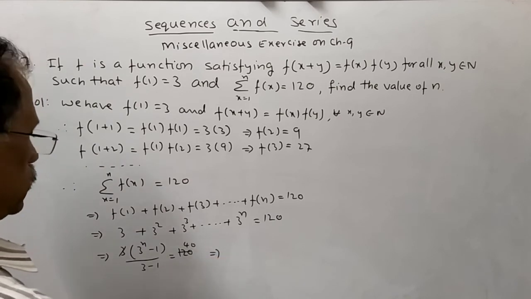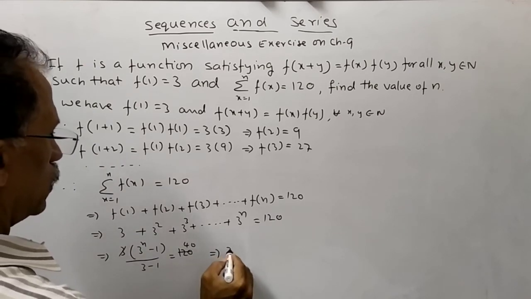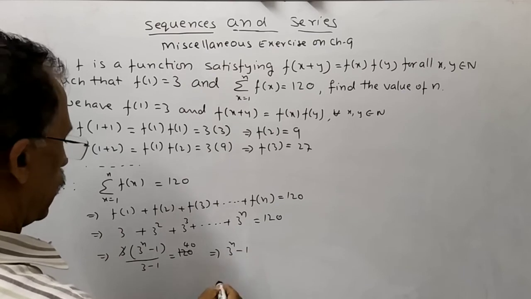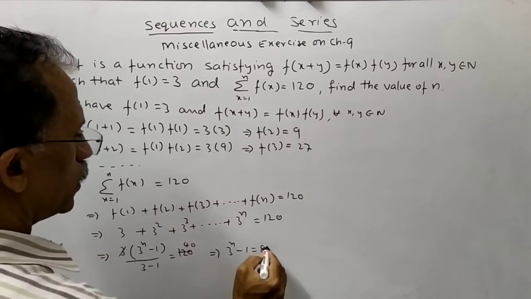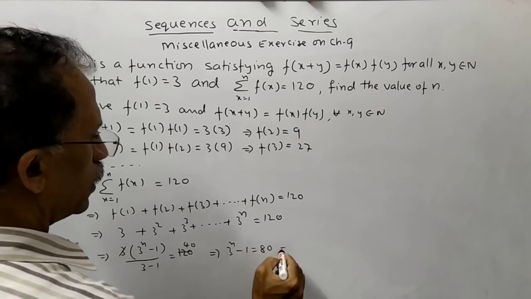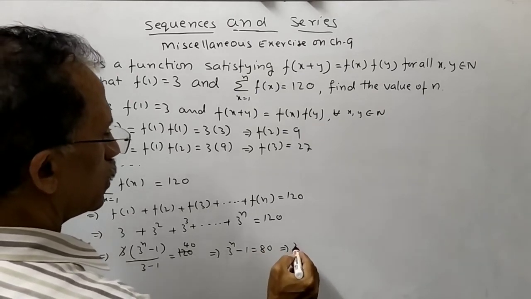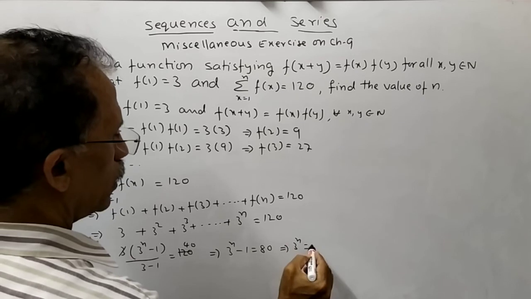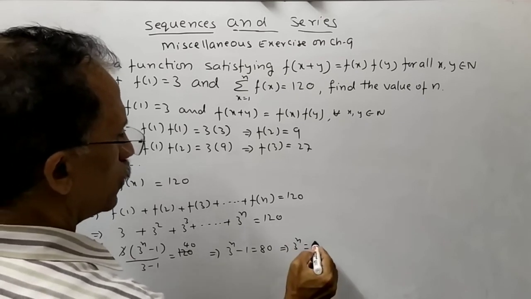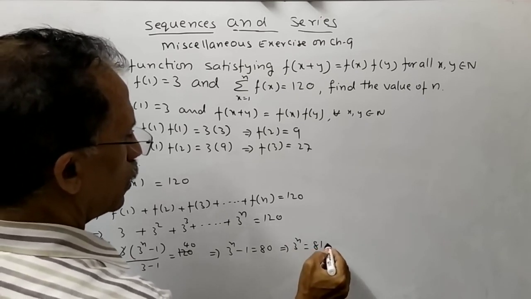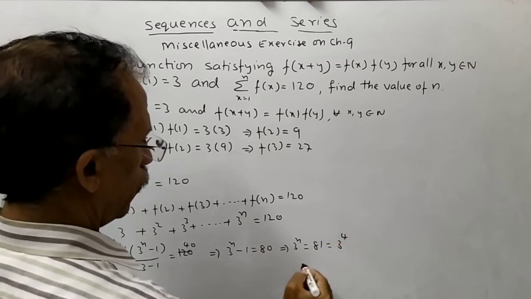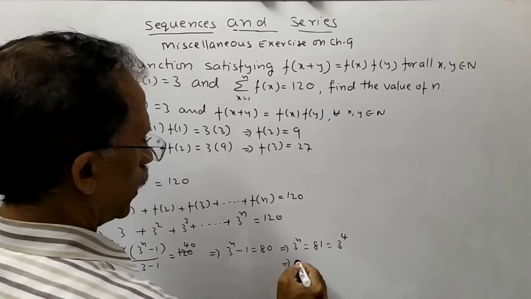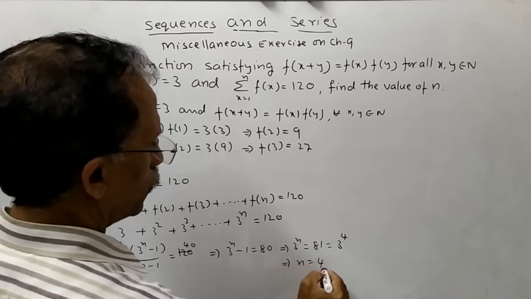This implies 3 raised to the power n minus 1 is equal to 2 into 40, that is 80. Implies 3 raised to the power n is equal to 81, which is nothing but 3 raised to the power 4. Implies n is equal to 4.